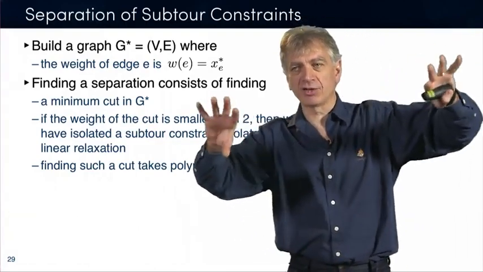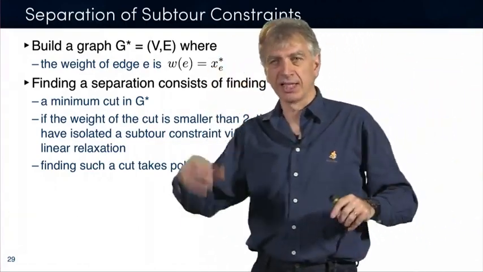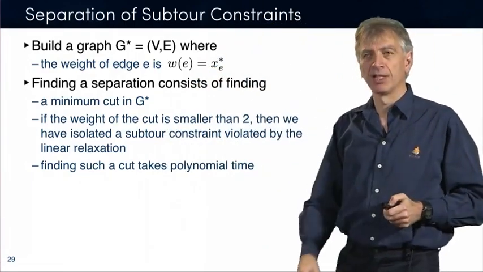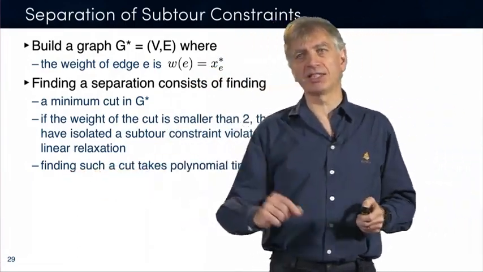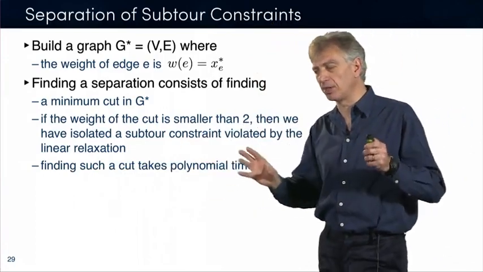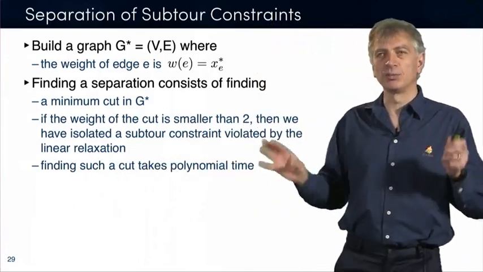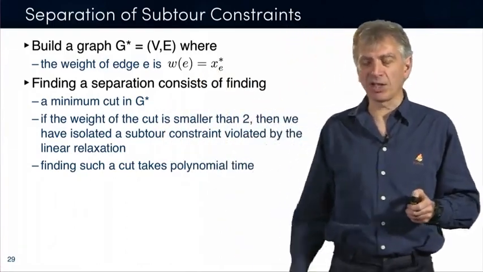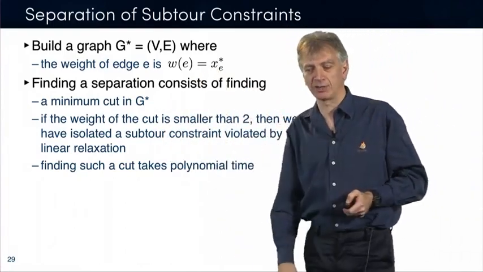So you have isolated the subtour constraint between some of these vertices, and you can add it inside the linear relaxation. Finding these cuts is polynomial time. The simplest algorithm would solve a bunch of max flow min cut problems and generate the cut that way, but there are better algorithms in practice.